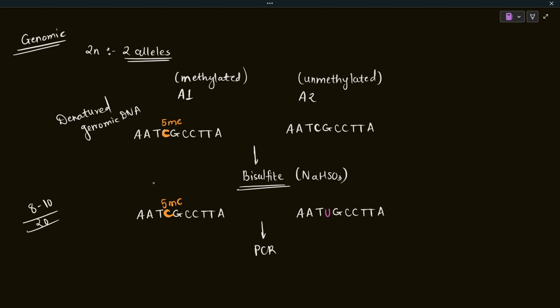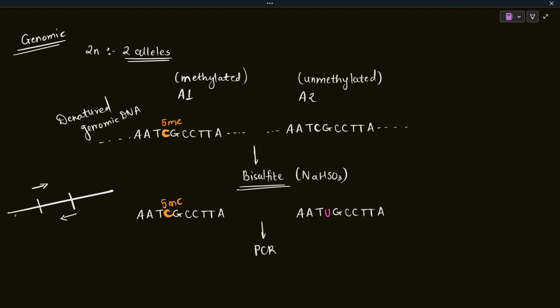For example, if it is 20 base pairs long, it also covers some C, right? What I'm trying to convey is that this is a long sequence, and you want to amplify a certain gene.